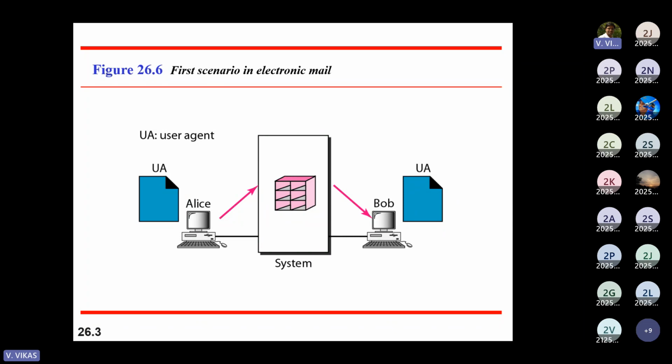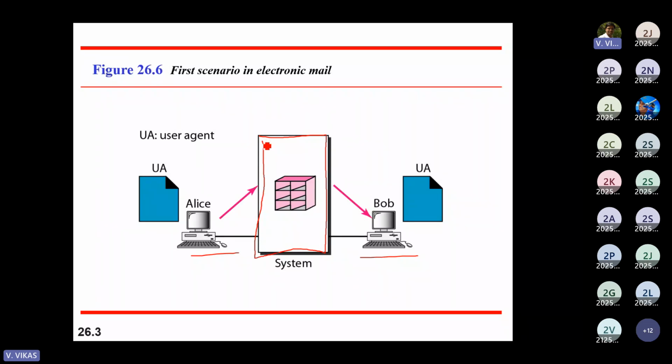So the first scenario is the case where we are considering two users, sender and receiver. In this case, we are considering Alice and Bob. These two are connected directly to the same mailbox or same system, let us say. I have a mail server wherein both Alice and Bob are connected.